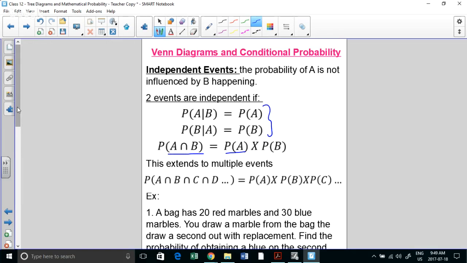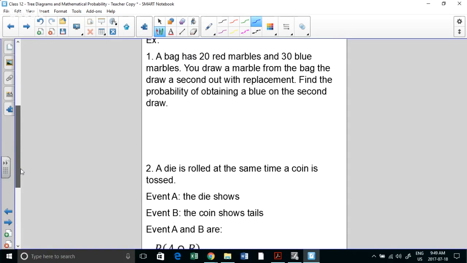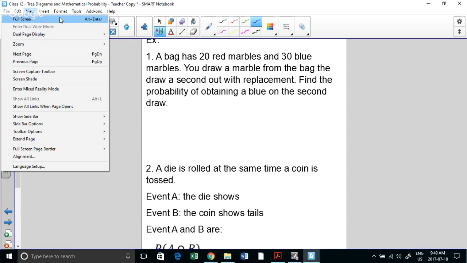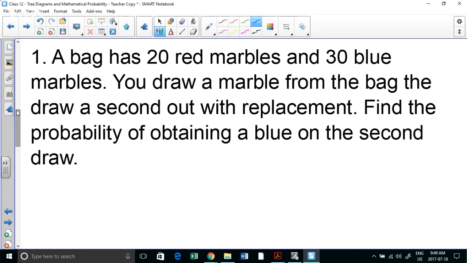So we'll take a look at some independent events. A bag has 20 red marbles and 30 blue marbles. You draw a marble from the bag, then draw a second with replacement.